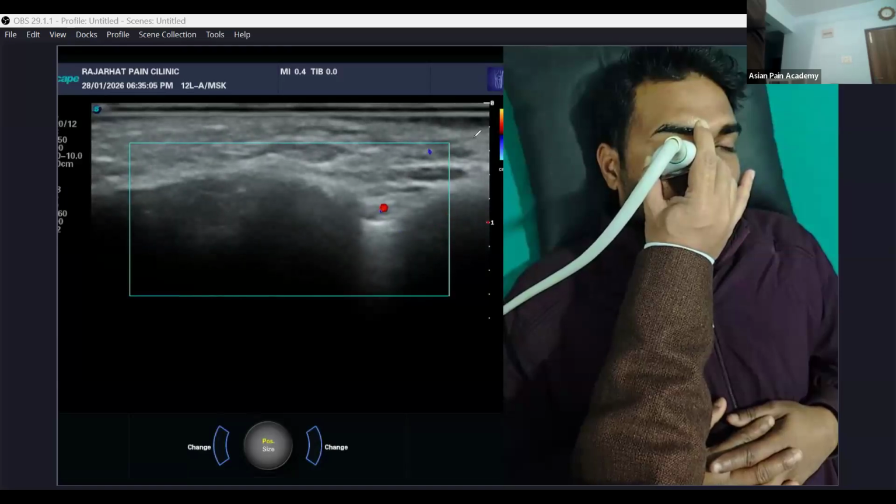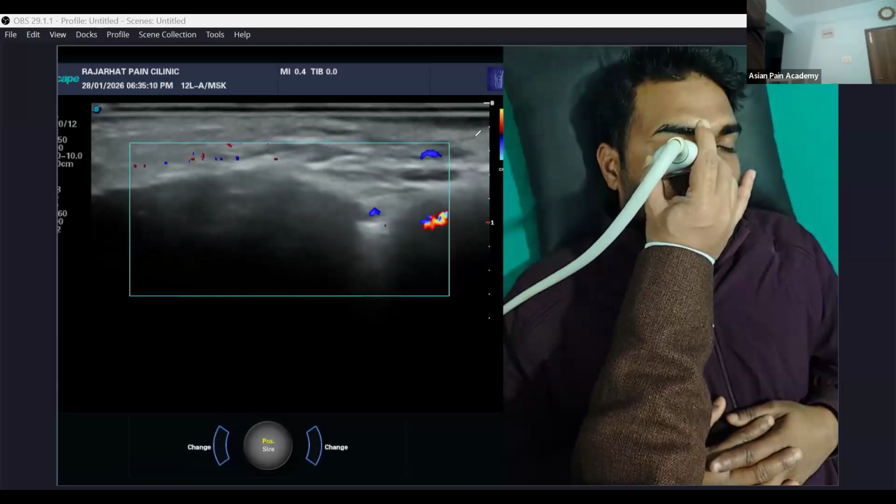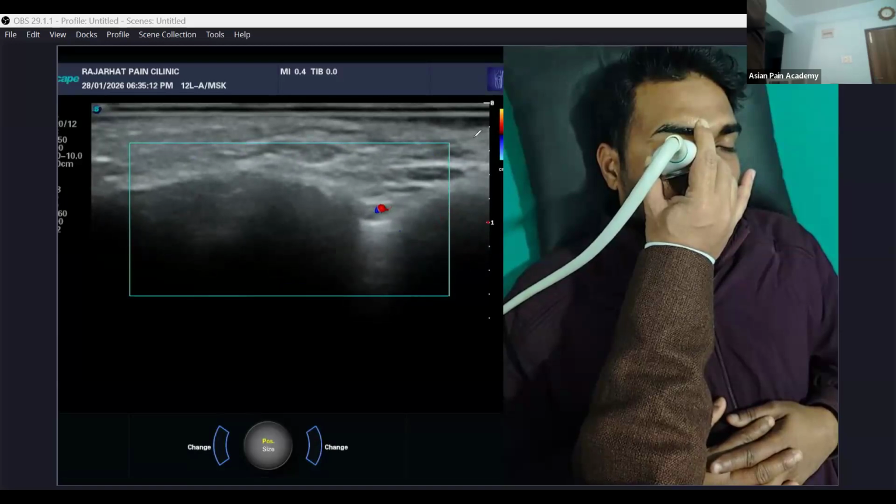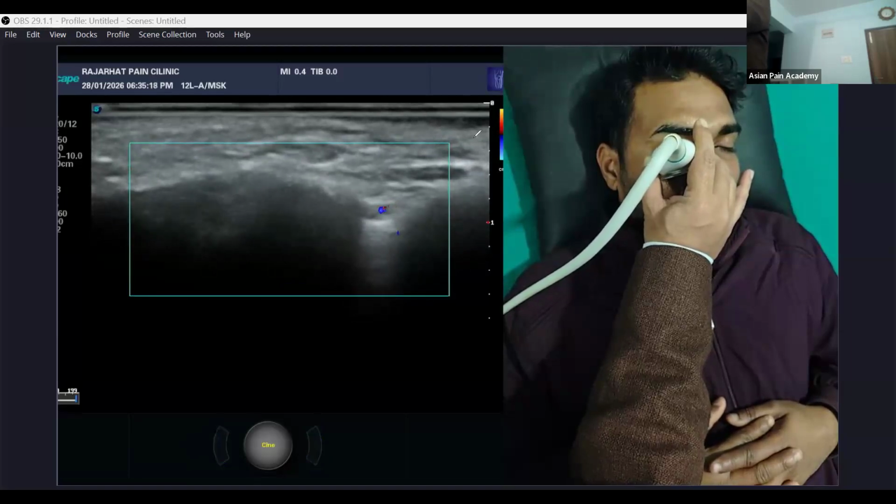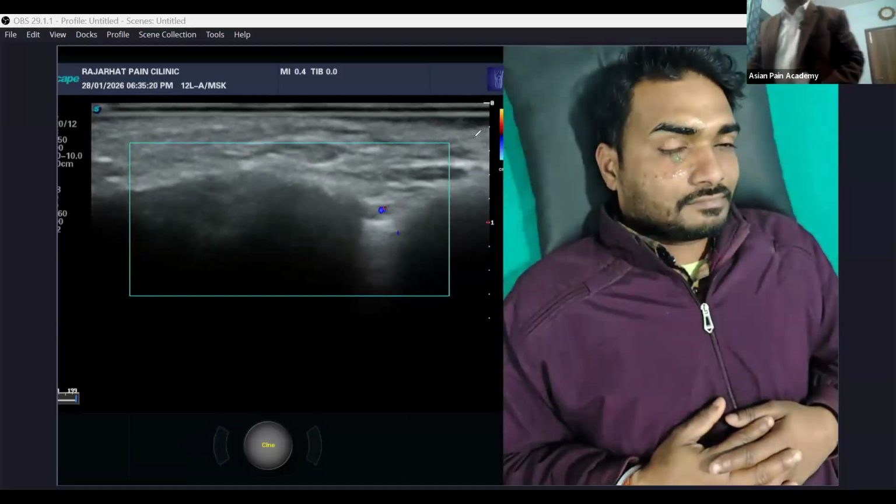So in this view, you can understand where the foramen is, and of course, you can put the needle in an out of plane approach. Okay, this injection can be an out of plane approach. So this is the infraorbital foramen.